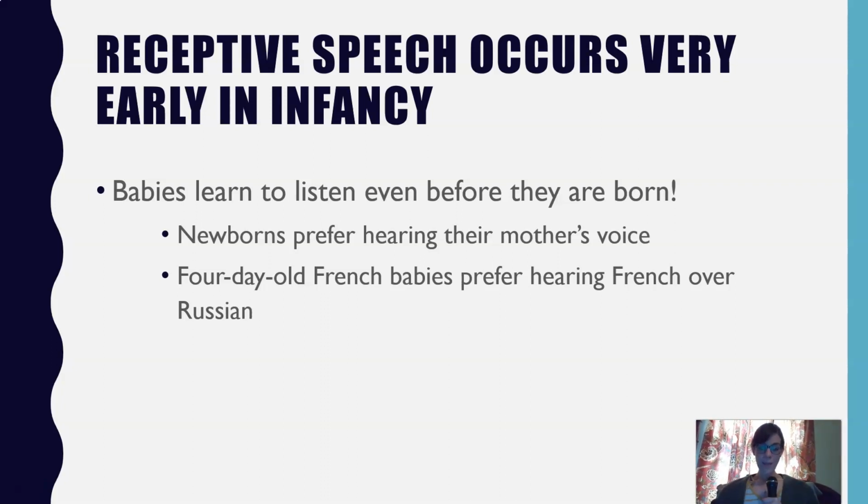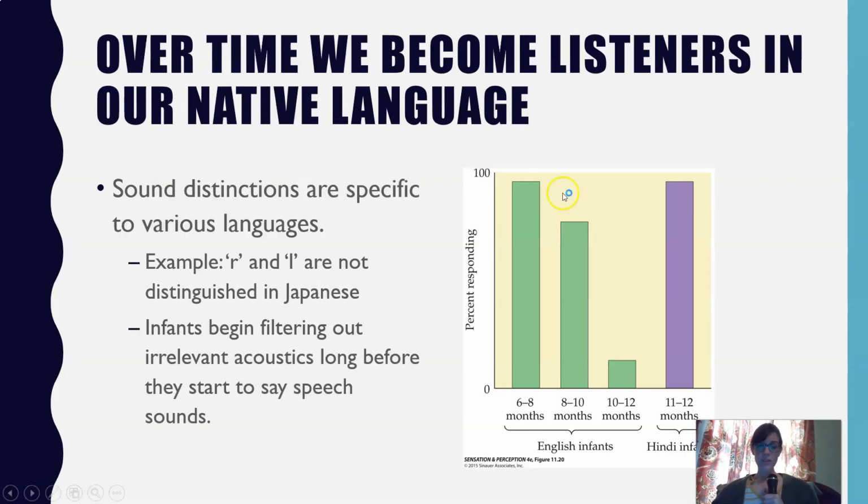And so what ends up happening as we get more and more exposed to our native language is we lose that ability to discriminate between different speech sounds that do not occur in our language. So here's a couple of examples of this. There are certain types of sound distinctions that are specific to various languages. In American English, and in English in general, we have a distinction between the sound ra and the sound la. In Japanese, they do not. They are interchangeable.